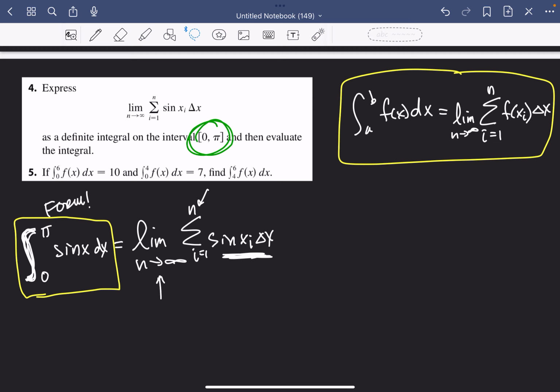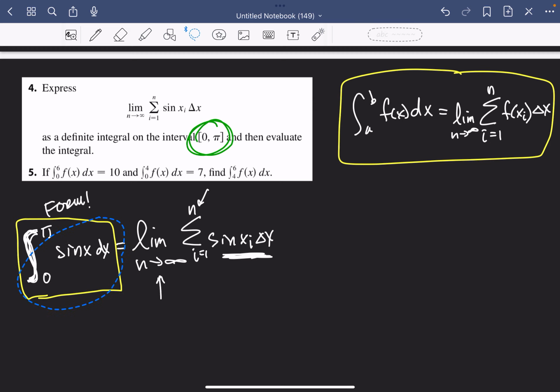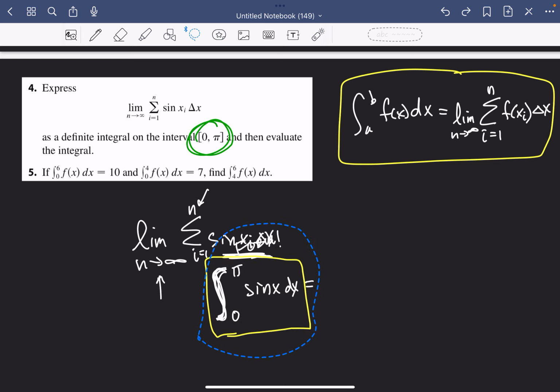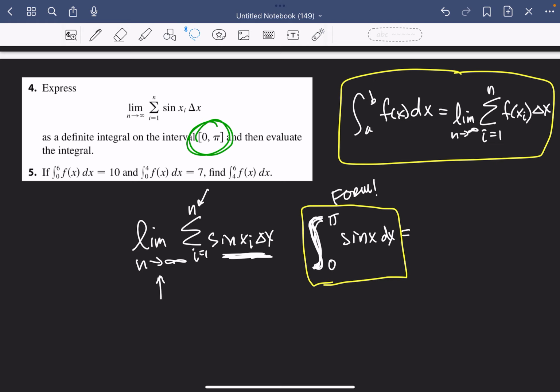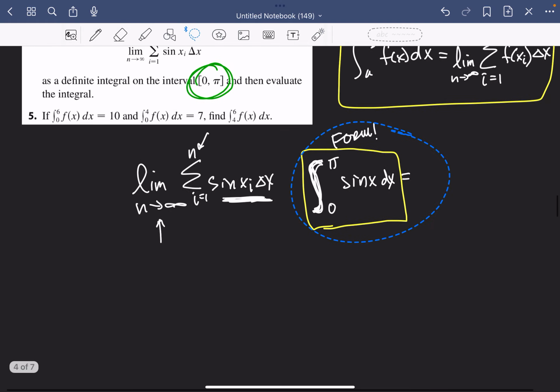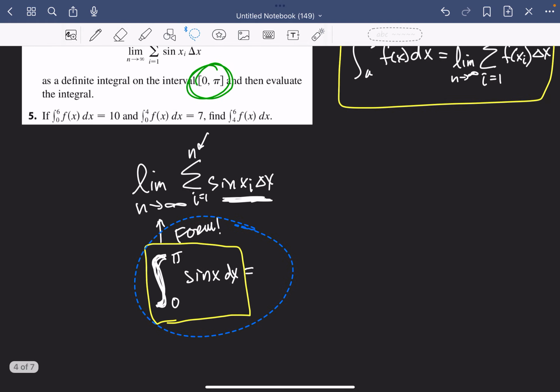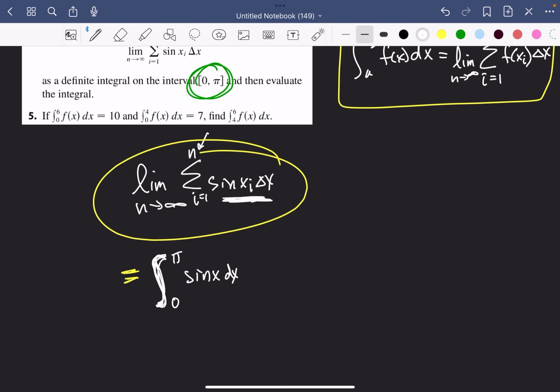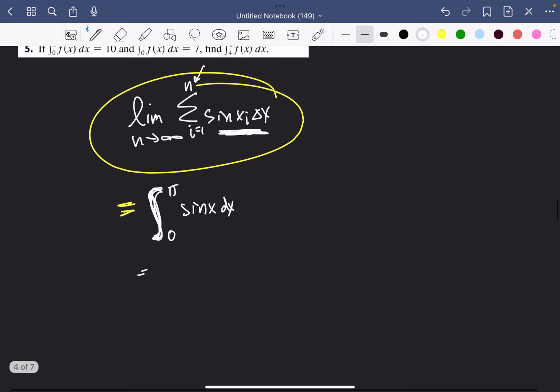So what that's telling you is, I could take all this, I can take all that, and move it over here, so that if you asked me to evaluate that infinite sum, all I would tell you is, look, that's exactly equal to this. If you want to evaluate it, it's just this integral. That integral I can find using the fundamental theorem of calculus.